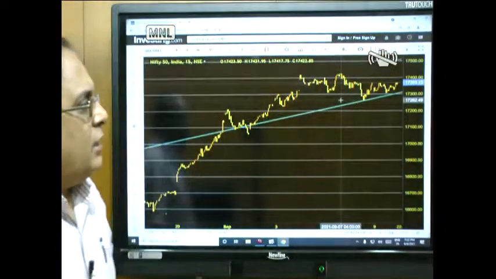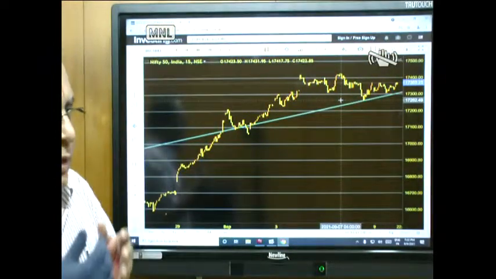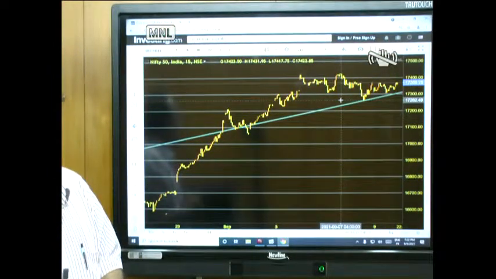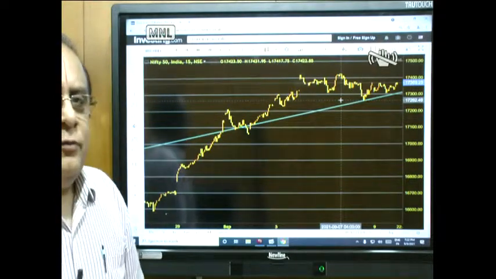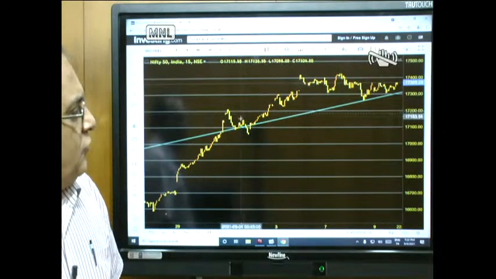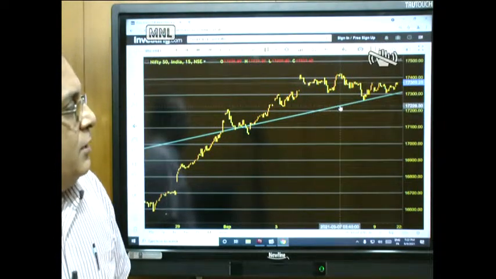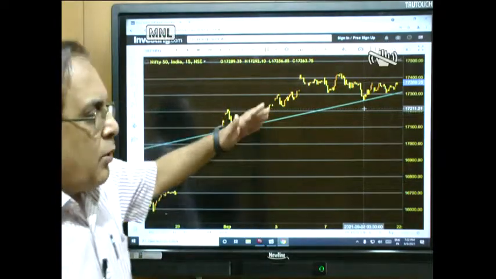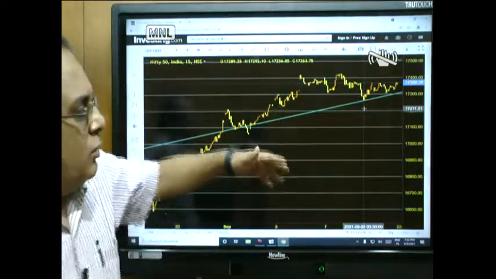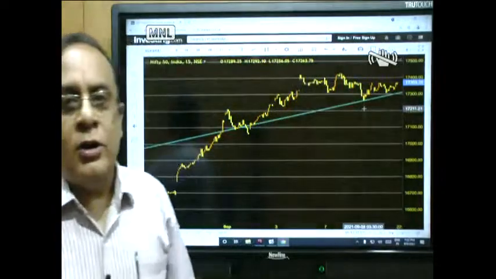Now, as I told you, there is no hard and fast rule for using Fibonacci. There are alternate mechanisms which we will also tell you. This was 377 points from 17,055. You can add 377 into 0.235, 0.386 to this bottom also and see what you get.